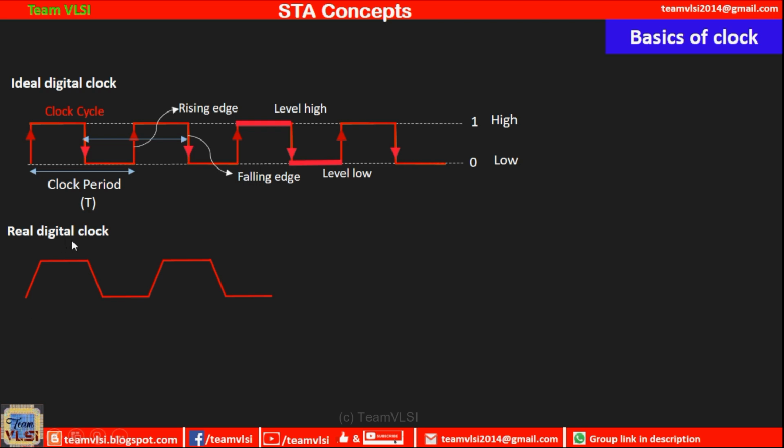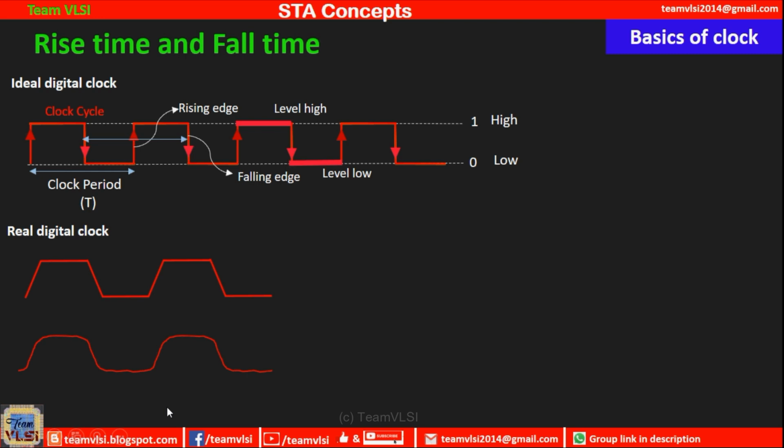Next we will see the rise time and fall time. We have seen the ideal digital clock looks like this, but the real digital clock will look somewhat like this. But if we go for more reality, and plot the clock signal generated from PLL2 on an oscilloscope, it will look like this.